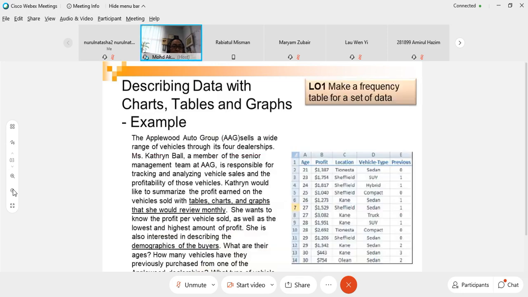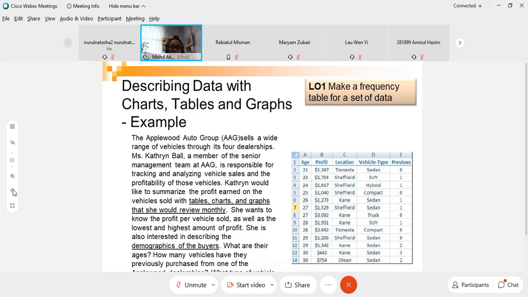Okay. Now kita lihat pada slide number 3 ni. Kita ada 180 data. Data tu kita measure umur dia, kita measure profit dia, berapa profit dia.